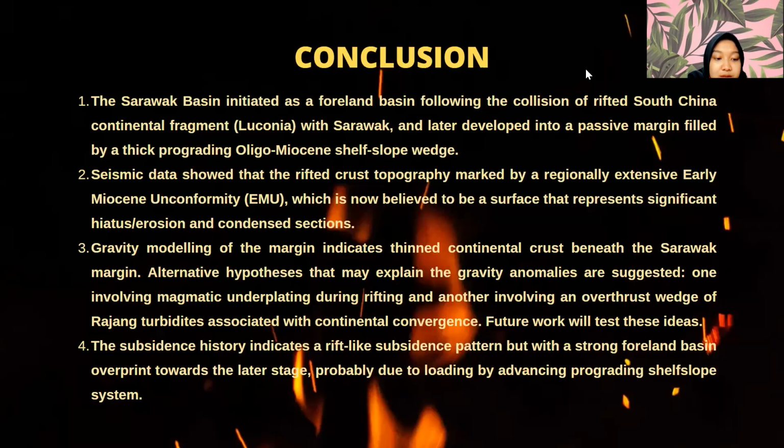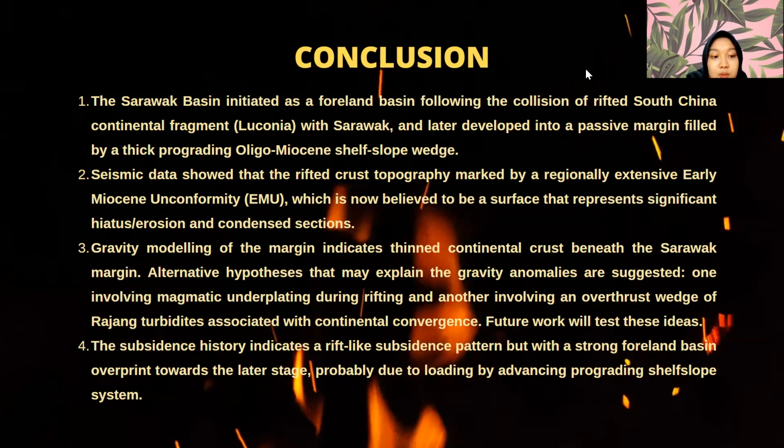Right. In conclusion, the structural stratigraphic history of the North Luconia province, Sarawak deepwater area, is related to the tectonic history of the South China Sea. The Sarawak Basin initiated as a foreland basin as a result of the collision of the Luconia continental block with Sarawak, or what we call the Sarawak orogeny.